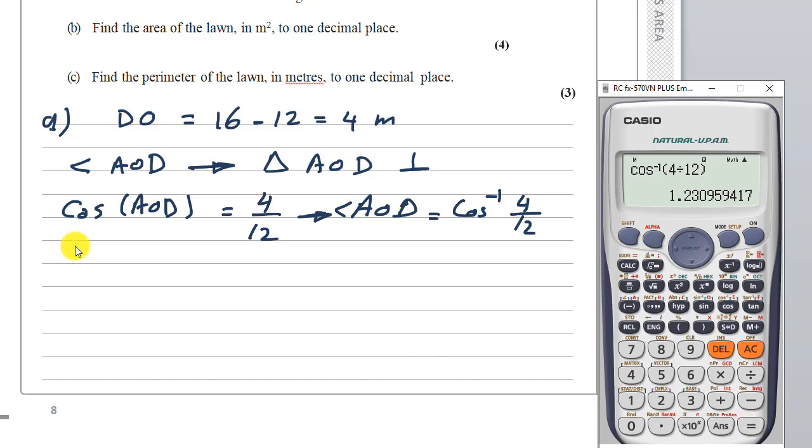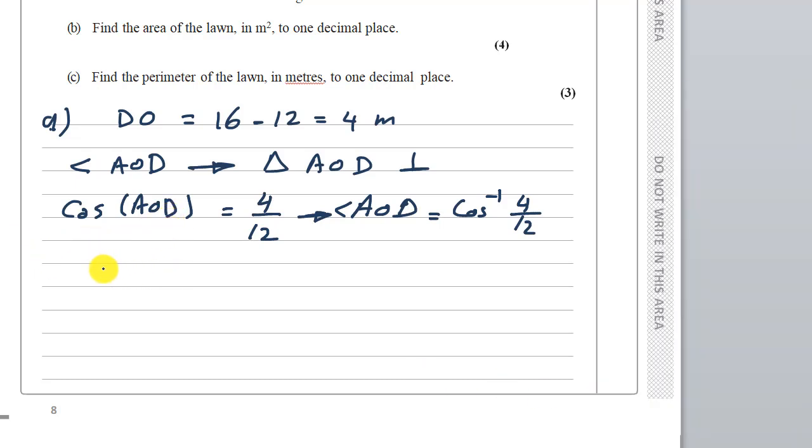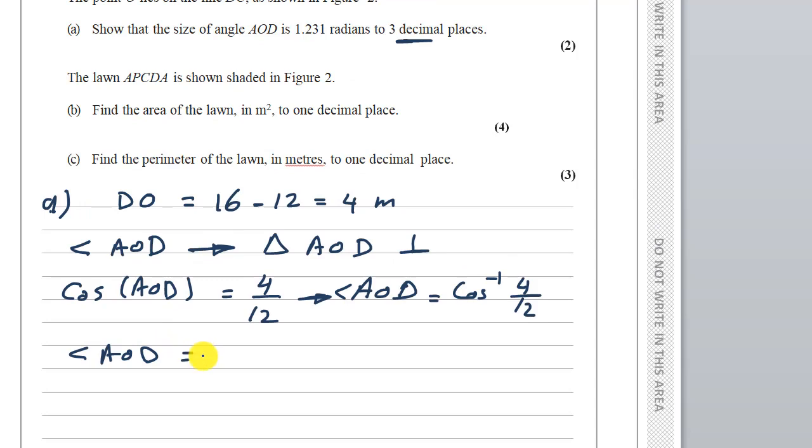So angle AOD is equal to 1.2309, so it's equal to 1.231 radians. Now second part.